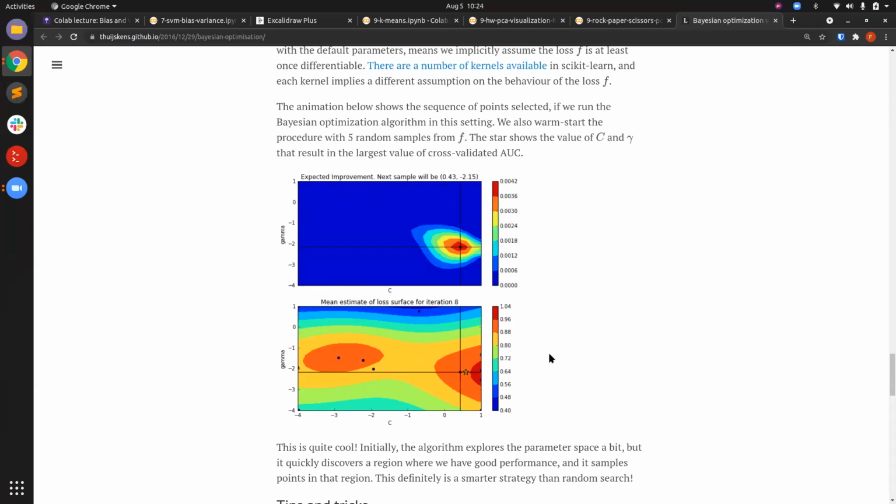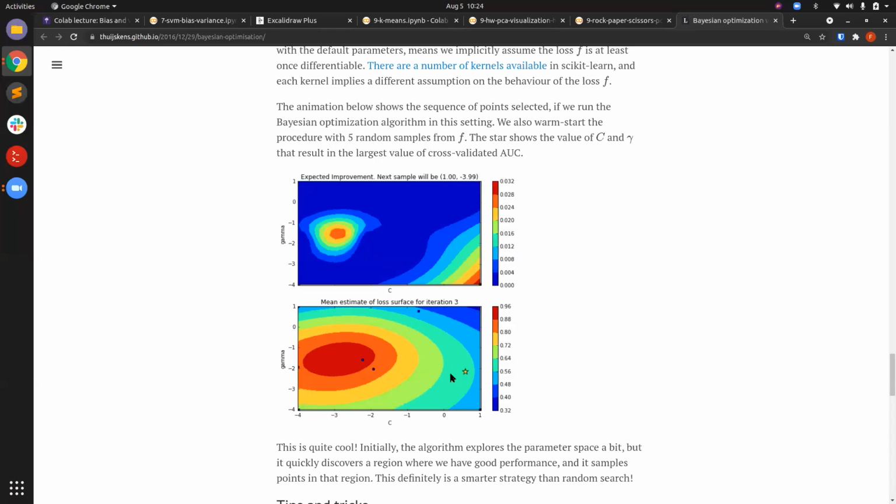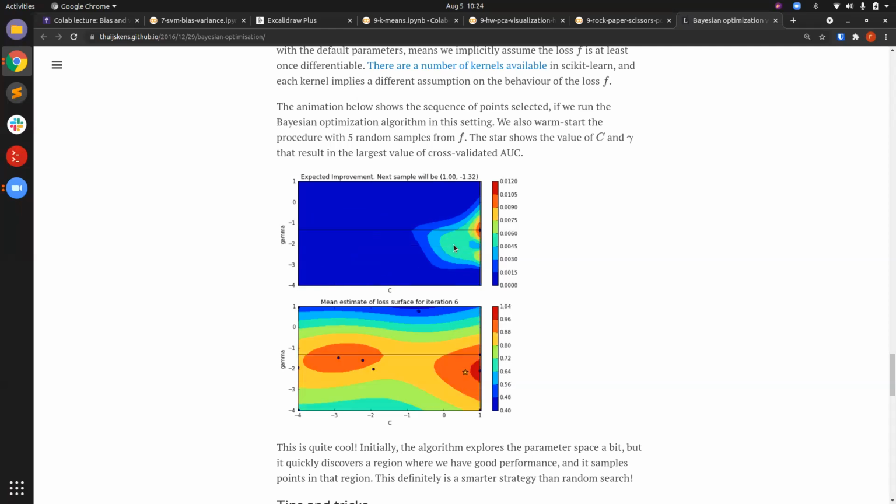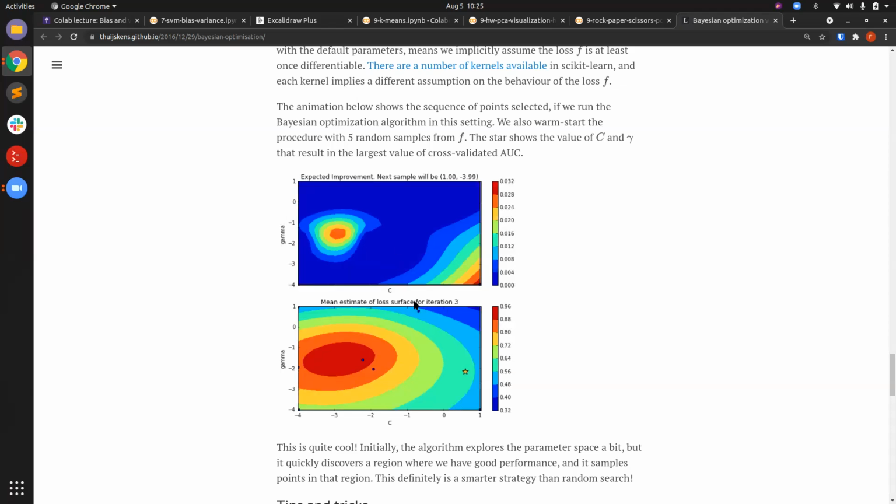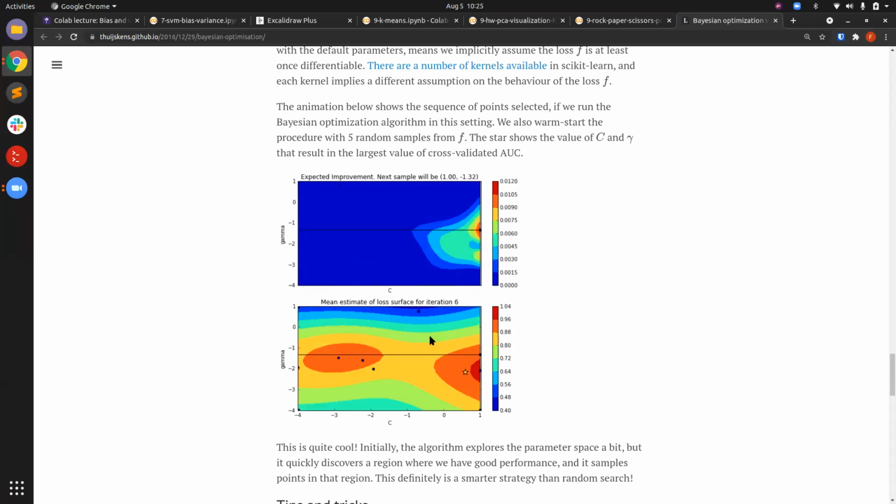And based on what we've sampled so far, you can see in the bottom image here, the Bayes search is building up its internal estimate of the loss surface as a function of the hyperparameters. And how does it build up its estimate of the loss surface? Well, each point it samples gives it more information about the loss surface, but also more information about what would be the best place to sample next. So it iteratively decides which hyperparameter combinations to try based on what the result was for previous hyperparameter combinations.